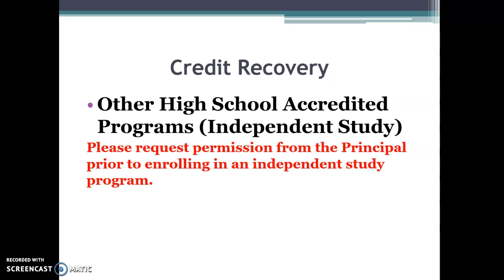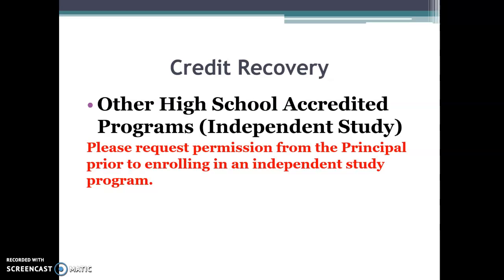Now, if your child is not performing well and you want to get your child started, please let me know. And there is a form that you will need to fill out along with the school's name and the class that is going to be taken within the category of classes that's required.